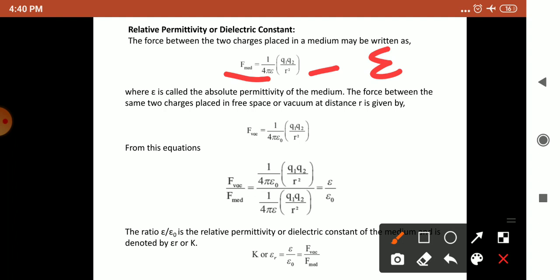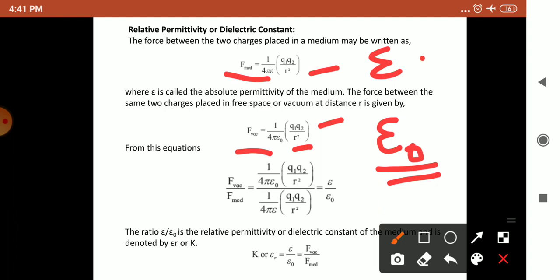The force between the same two charges placed in free space or vacuum at distance r is given by 1 upon 4 pi epsilon 0 Q1 Q2 upon R square, where Q1 and Q2 are two charges interacting in that vacuum, R is the distance between those two charges, and this epsilon 0 is the permittivity of that medium, that is vacuum.